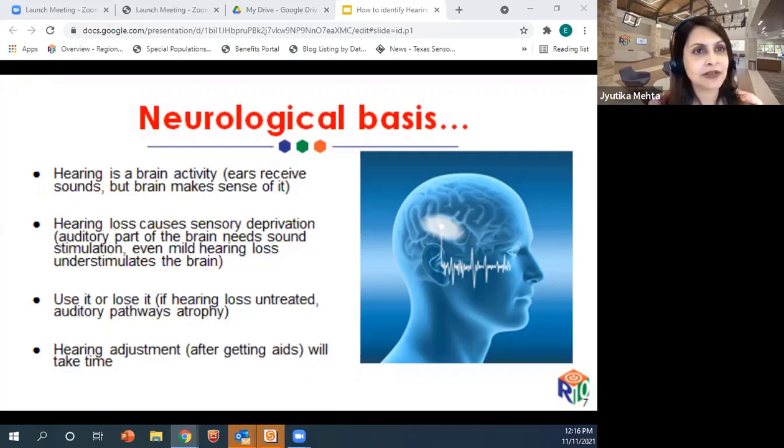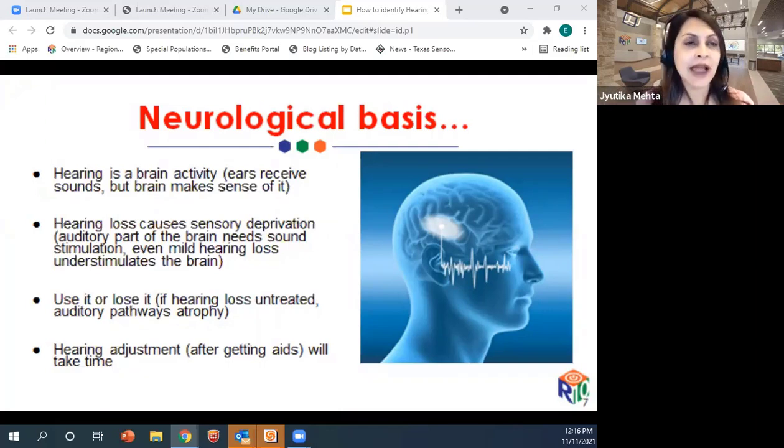That is important to understand, because real estate in the brain is limited, and nature in all her wisdom has determined that we need certain parts of the brain to work well for certain skills. So we have auditory cortex for hearing, and visual cortex for making sense of vision, and so on.